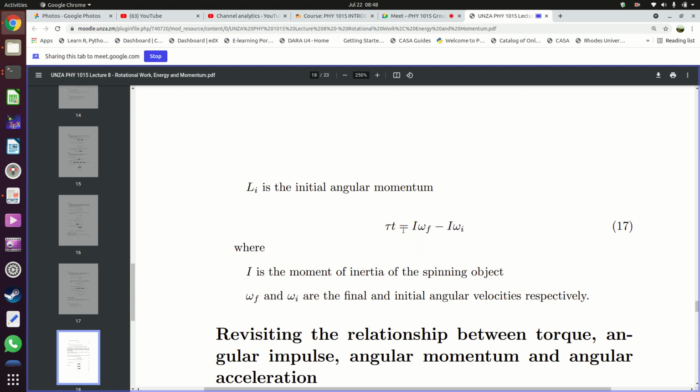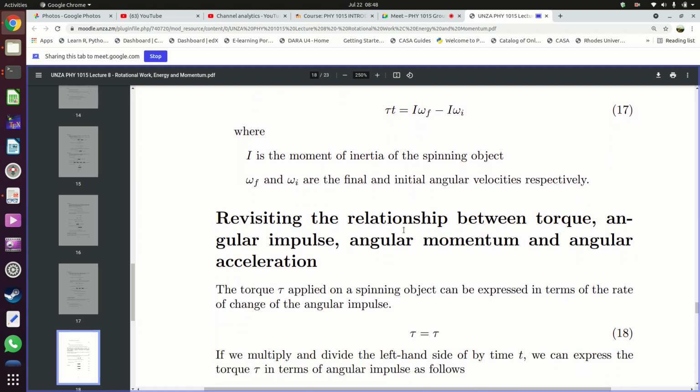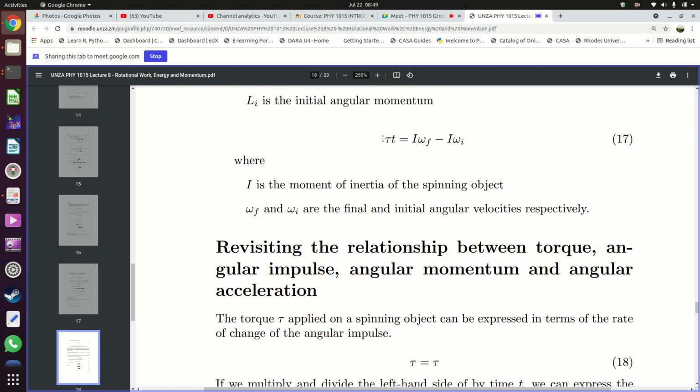Here I is your moment of inertia, omega f is your final angular velocity, and omega i is your initial angular velocity.